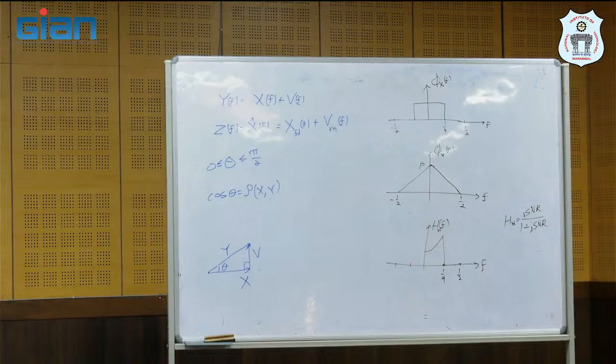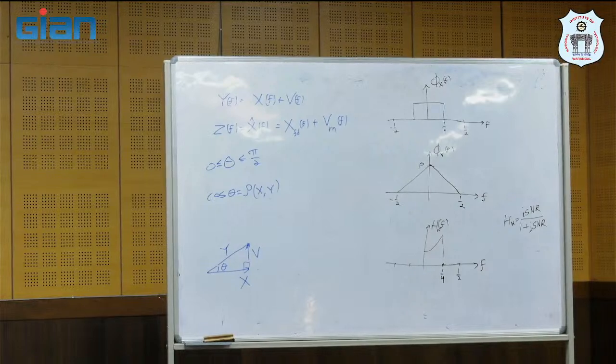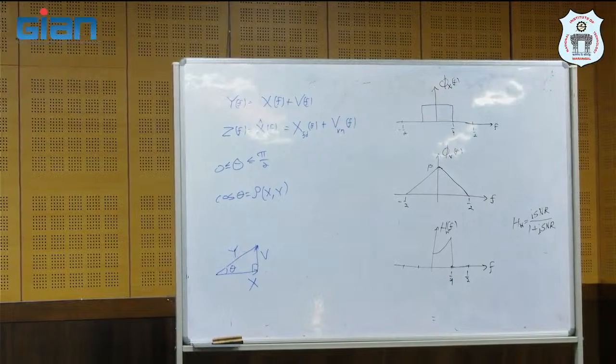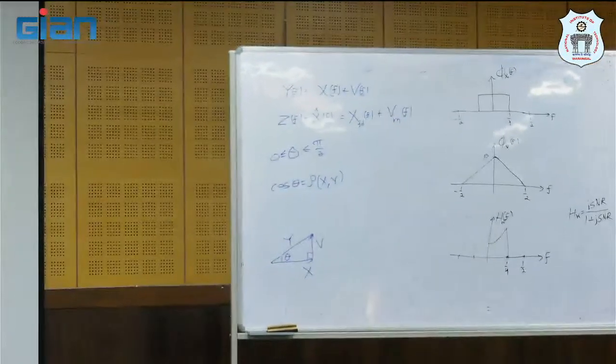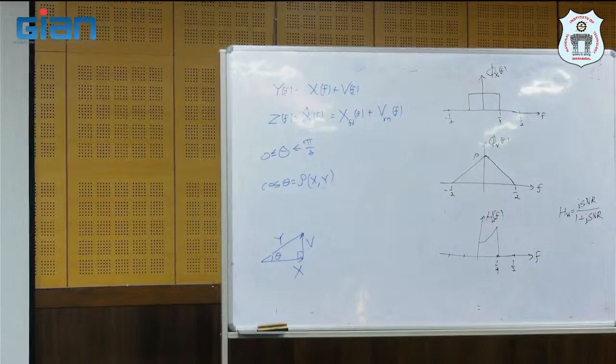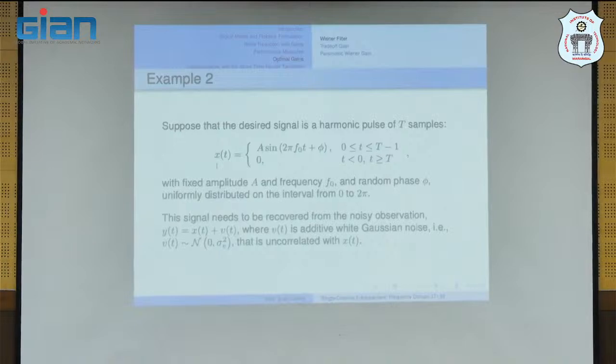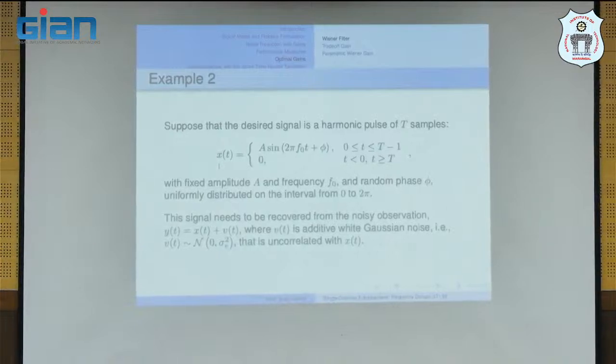If we have a window of length capital T, a certain window of measurement, we multiply this window with either a pulse or a constant. So if we have multiplication in the time domain, what do we have in the frequency domain? A sinc, which is the convolution between the Fourier transforms of each.